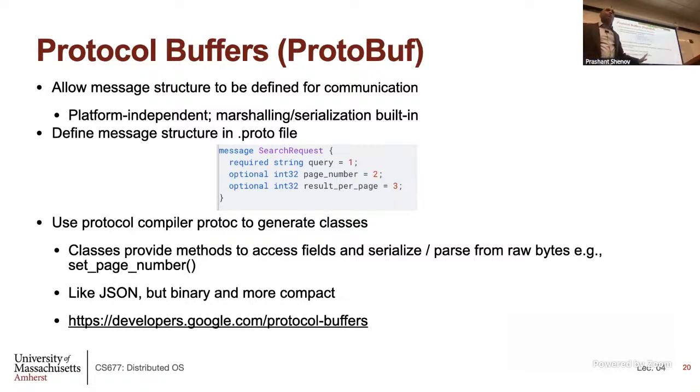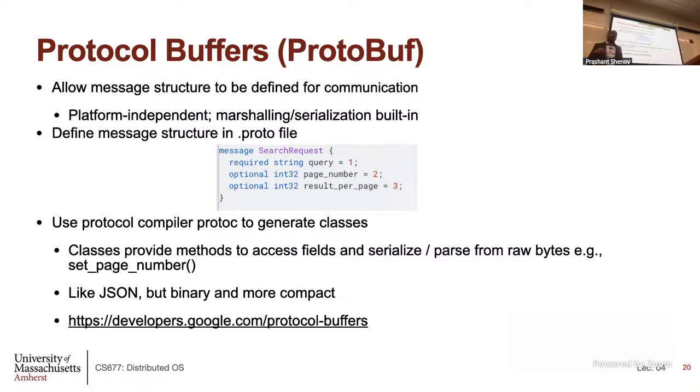Now, protocol buffers by themselves have nothing to do with RPCs. They are just a way to pass data back and forth in a language and hardware independent manner. So they're allowing you to send data structures and reconstruct them and not have to worry about hardware issues or platform issues or language issues or anything like that.